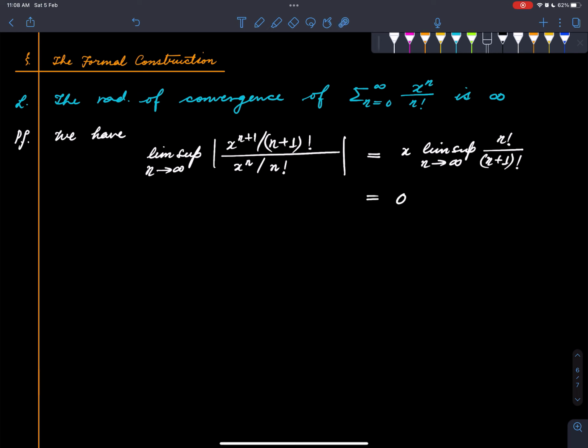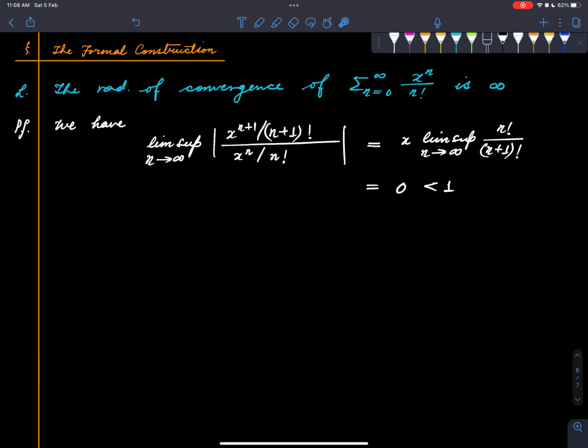This lim sup is 0 because this is 1 upon n plus 1. That is 0, which is of course less than 1. And therefore this converges. So for each non-zero x, this thing converges. For x equals 0, this is obviously convergent. So this converges everywhere, hence if you think of this as a power series, the radius of convergence is infinite.